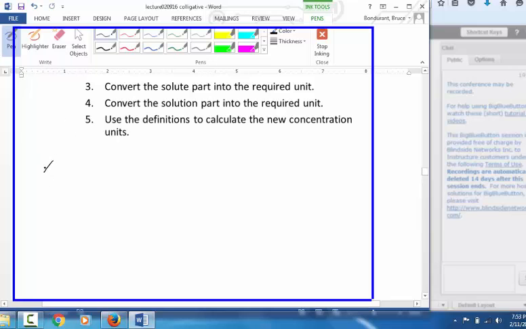Let's say we have a mole fraction, and I want to go to a molality. Let's say we have a mole fraction of ethanol is 0.20.